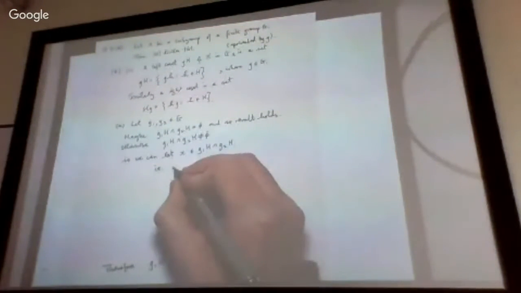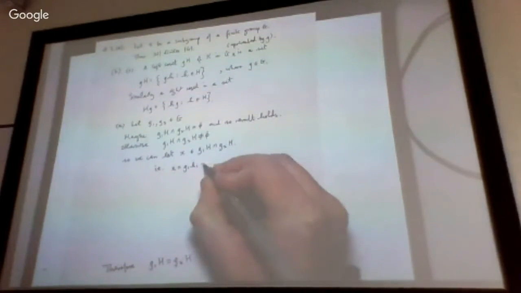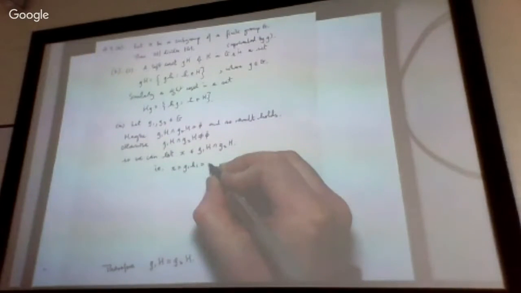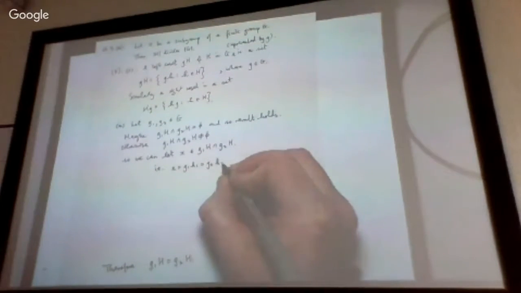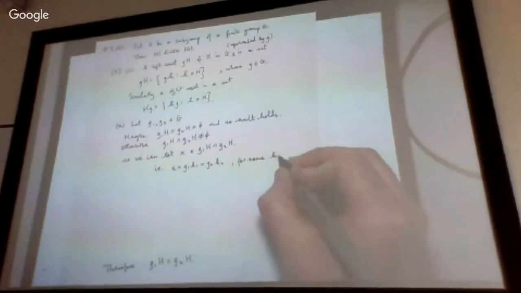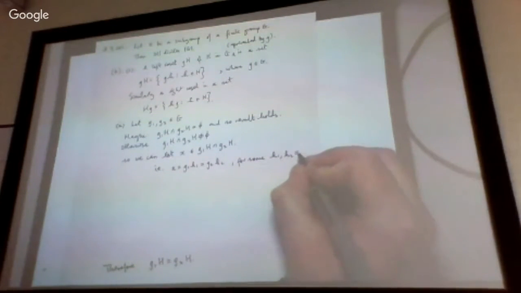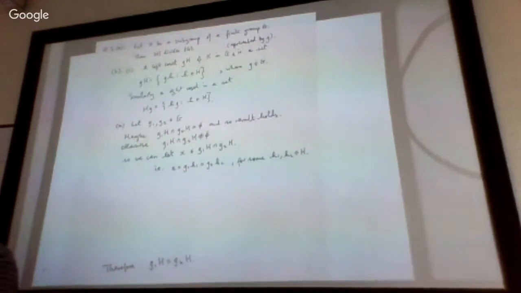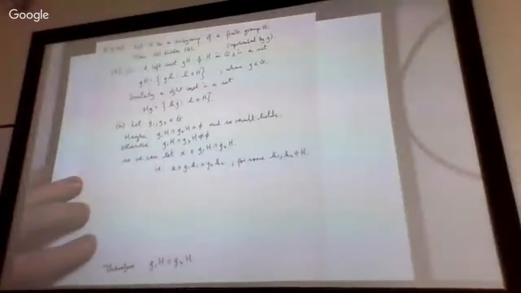So we can say that X is G1 H1, and it is also simultaneously G2 H2, for some pair of elements H1 and H2. We're going to use that in two versions.